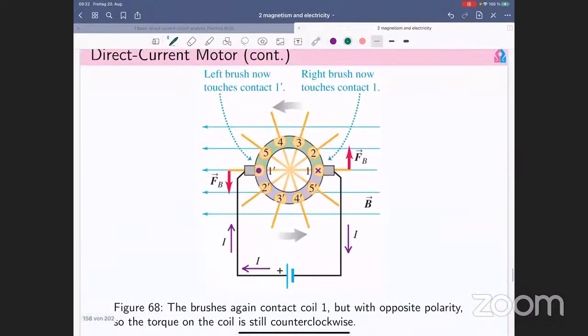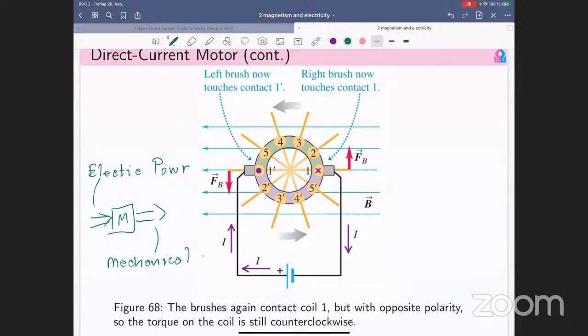Before that, you know that the direct current motor is the device that transfers electric power, right? You get the input as the electric power, and you get the mechanical power.